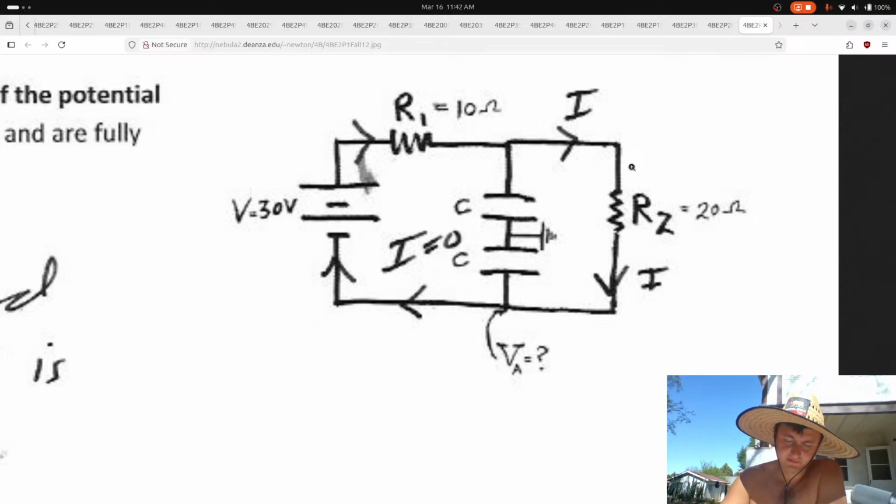Which point are we finding? V of D. Or V of C.